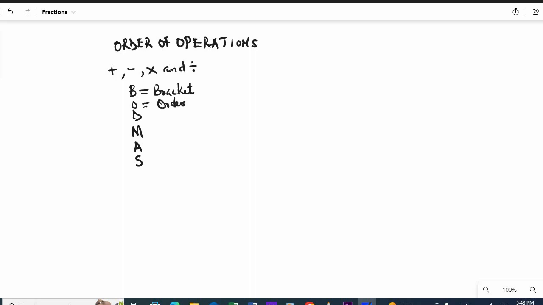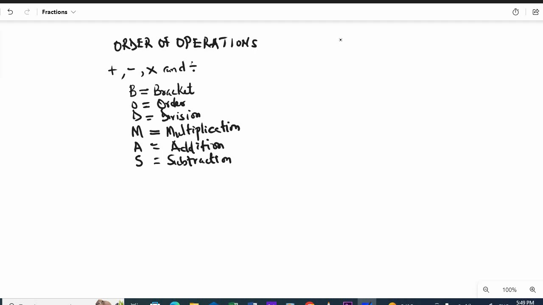Now, B in BODMAS stands for brackets, O stands for order, D stands for division, M stands for multiplication, A stands for addition, and S stands for subtraction. Now, this order talks about the exponents or powers or indices on the fraction.